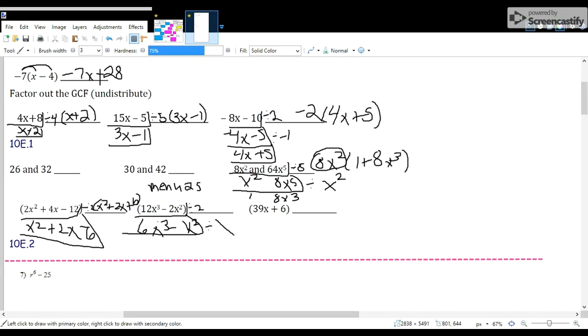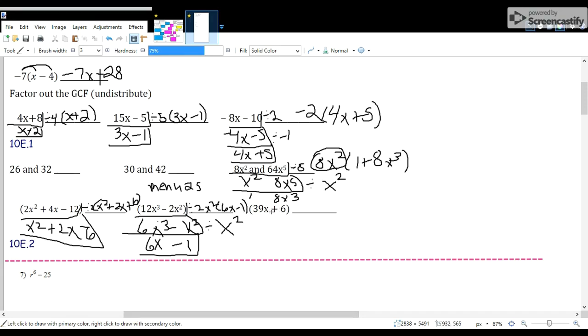They both have an x, so you can take out x. The smallest exponent is 2. 3 take away 2 is 1. And 2 take away 2 is 0. So nothing else you could take out, so your factored form would be 2x squared parentheses 6x minus 1.